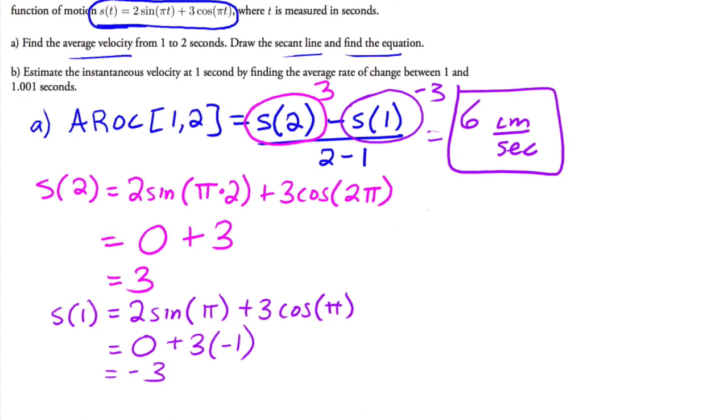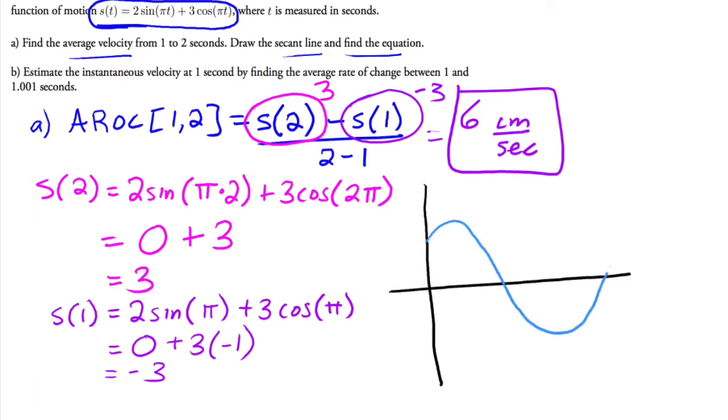Now as far as drawing the graph, you can plug this into your graphing calculator, and you're going to get something that looks kind of like that. So this is 1, 2.